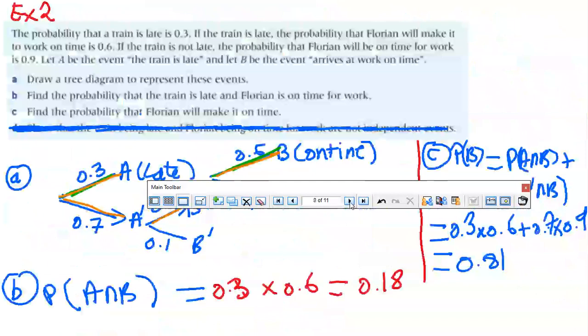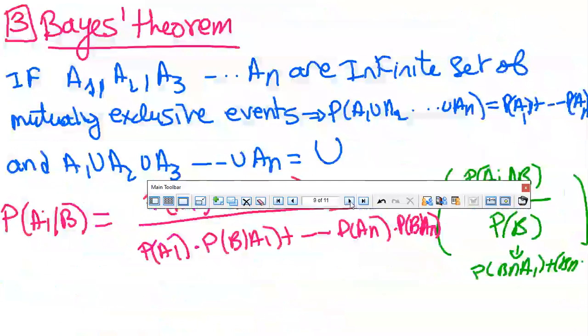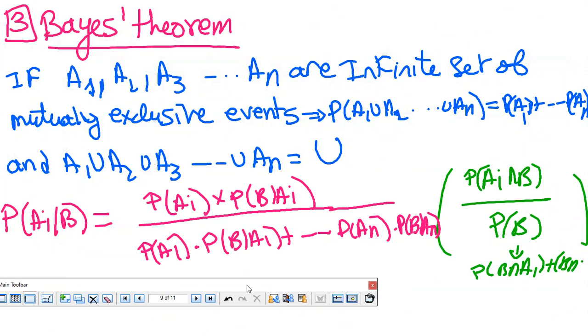Now I will move to the last property. It's Bayes theorem. So if A1, A2, A3, AN are a set of mutually exclusive events, it means that the probability of the union is the sum of the probabilities.